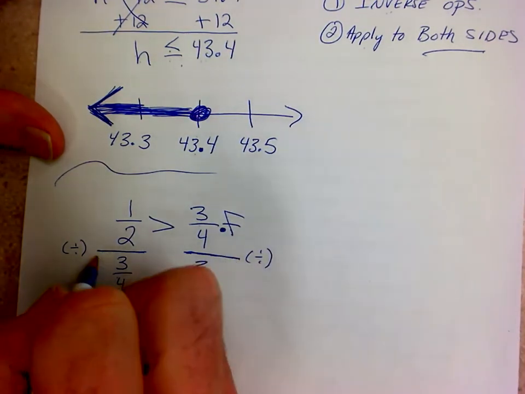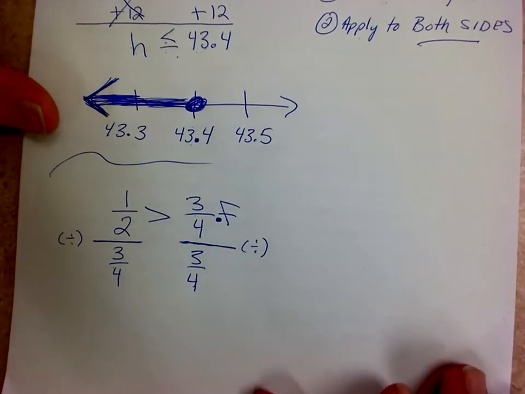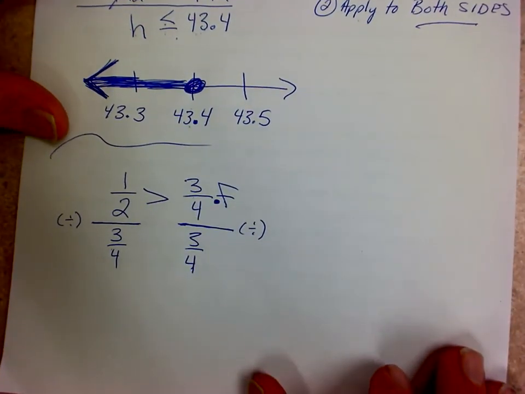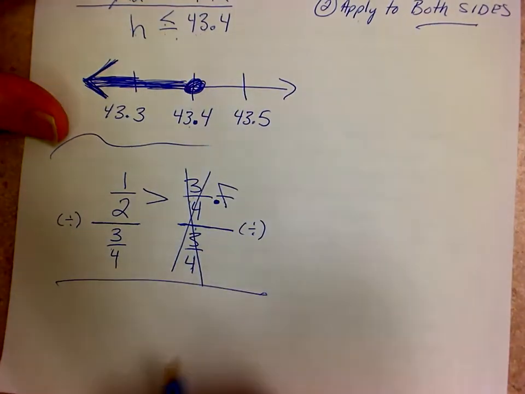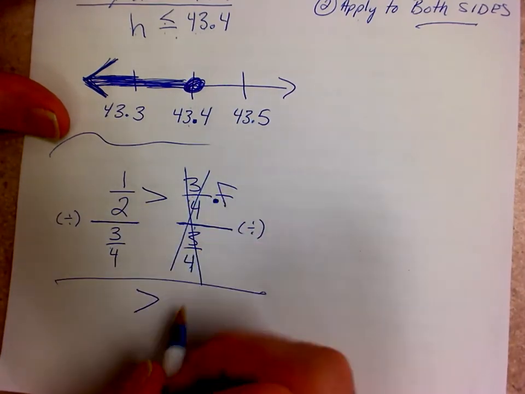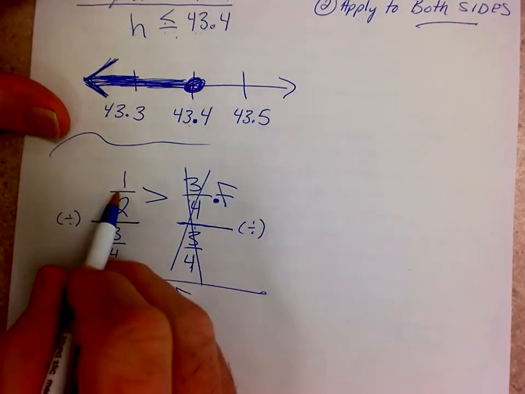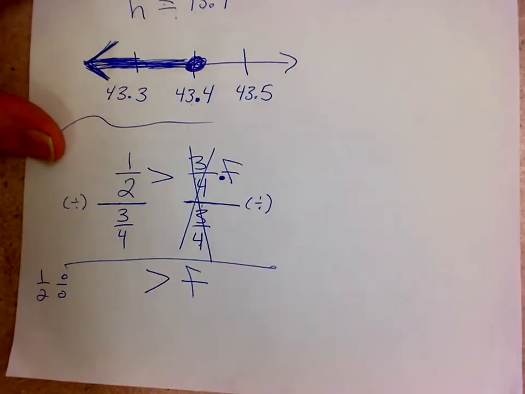These are complex fractions, which we've seen back in chapter 3. So 3/4 divided by 3/4 leaves just f. Bring down our inequality. Then 1/2 divided by 3/4 will probably require some scrap work.